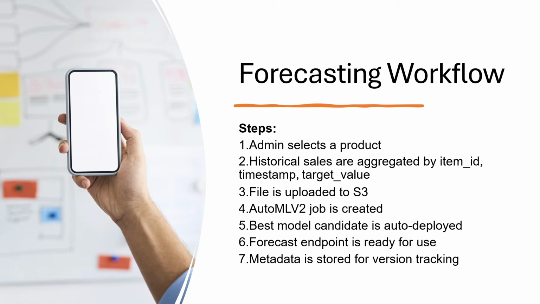After starting the forecasting in AutoML, we determine the best model out of the selected models and deploy that particular model into a real-time SageMaker endpoint. And from there we just store that endpoint in the database for us to use, and then use that particular deployed model.